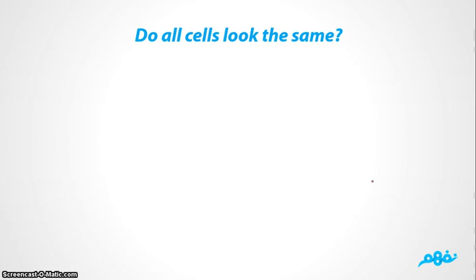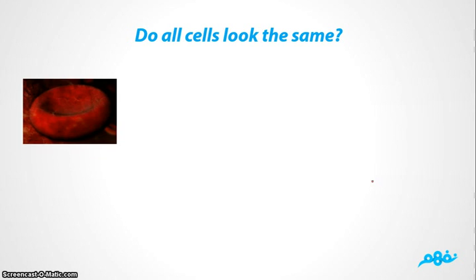Okay, our next question is, do all cells look the same? To answer this question, you can ask yourself, do they all have the same job? Does our body have only one function? Our body does a lot of things. Now let's look at this red blood cell. It is circular. It is very tiny.